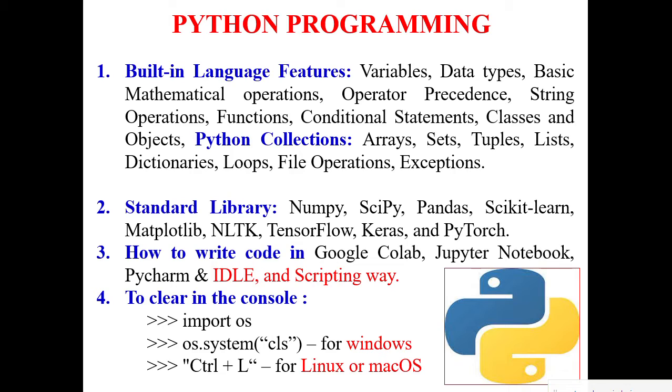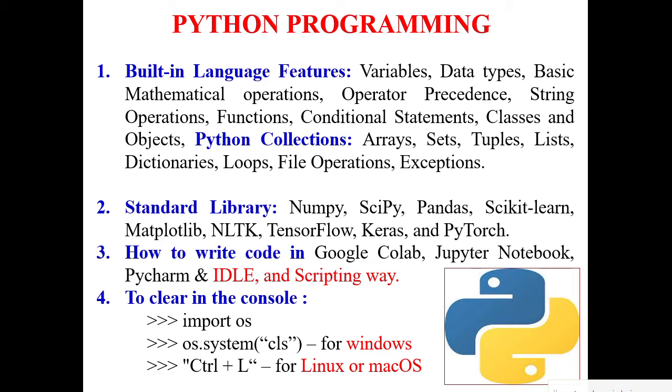The Natural Language Toolkit solves problems of different human languages, like conversion from Hindi to English, English to Hindi, and so on. We are using the NLTK library. Then TensorFlow is a very big library that we use to solve artificial intelligence problems and big data analytics.